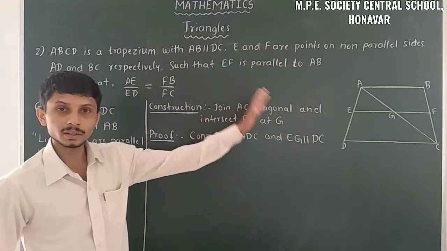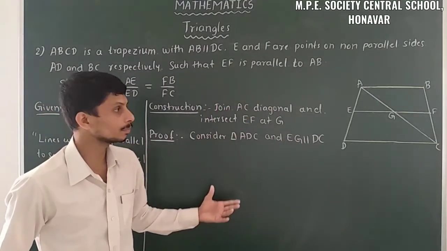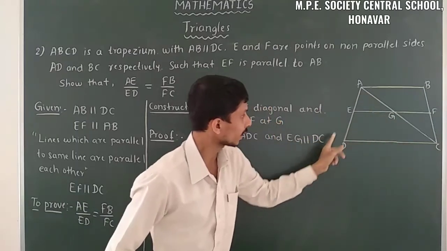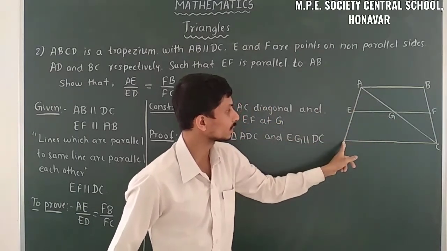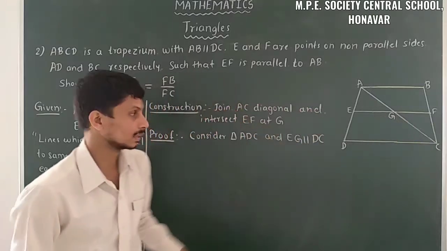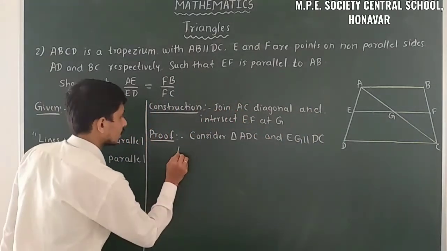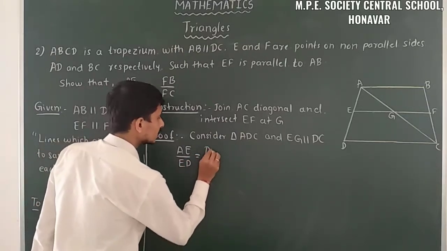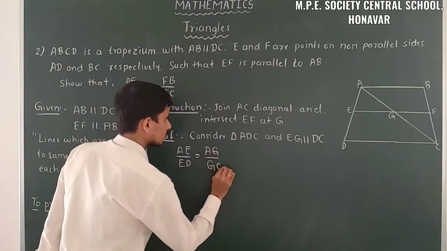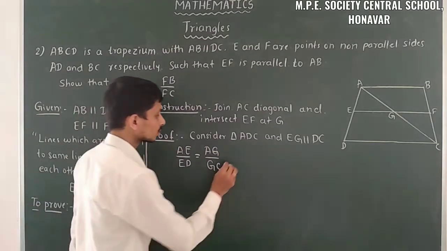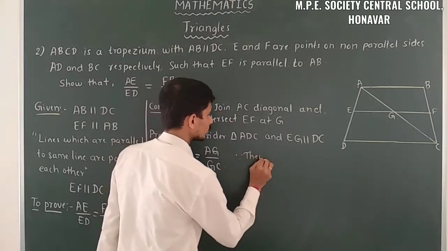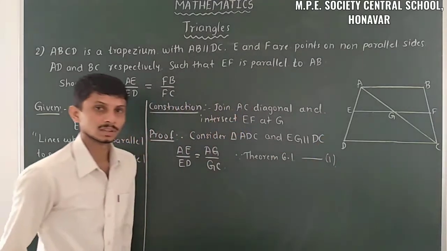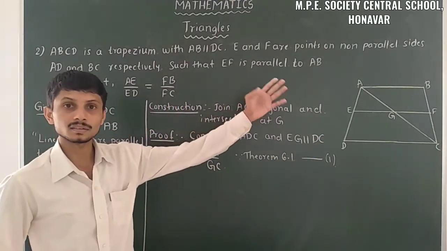So according to that, in this triangle, AE by ED is equal to AG by GC. Because of theorem 6.1, I will consider it as equation number 1. Then let us consider triangle ABC.